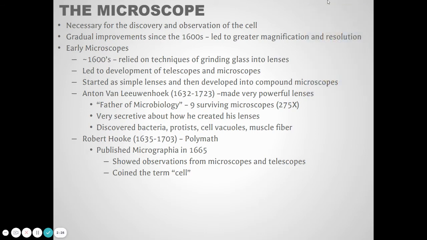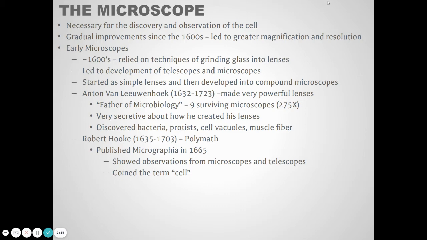Some of the people, you don't need to memorize their names or anything, but I think it's kind of interesting to talk about the history. Anton van Leeuwenhoek made really, really powerful lenses. He lived from 1632 to 1723. He made these microscopes, but he was very secretive. He wouldn't tell anyone how he was making his lenses because they were the best around. Nobody knew how he could make these lenses.